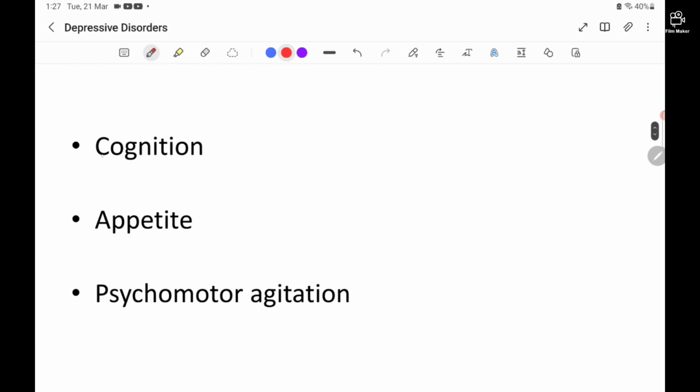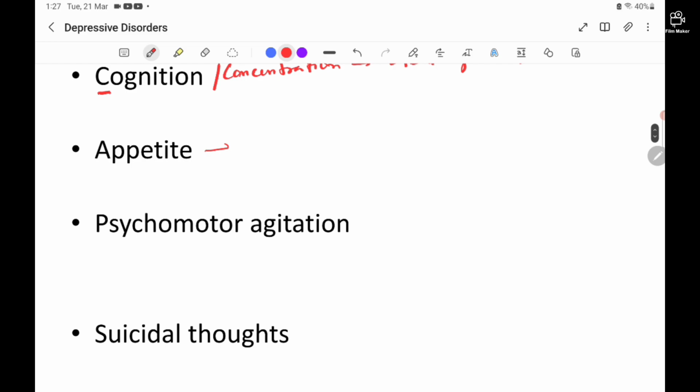The next symptom is cognition. C: cognition, or concentration. The patient can't concentrate on anything in particular. There are negative thoughts and poor concentration.